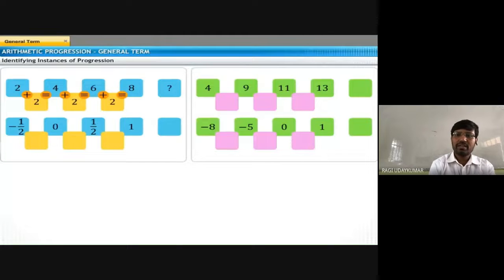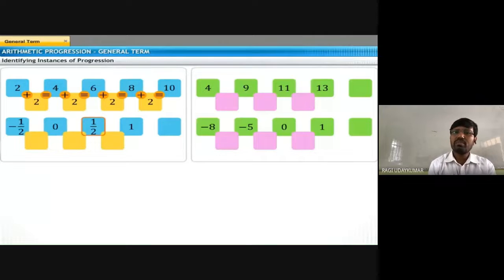In the same way, to get the next number, 2 should be added to 8 to get 10. So whatever number we are adding is a constant term, added to get every term other than the first term.